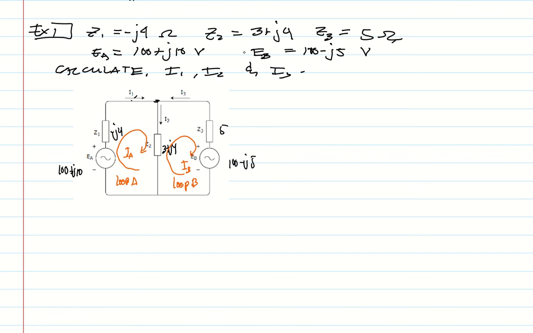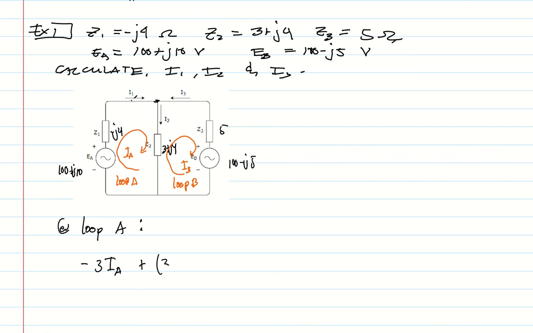Then you can apply mesh analysis at loop A. What do we have at loop A? We multiply IA with the sum of the impedances: Z1 is negative j4, add that to 3 plus j4, and it becomes 3. So it should be minus 3 IA. Then there's another current at Z2, 3 plus j4, in the opposite direction of IA, and that is IB.